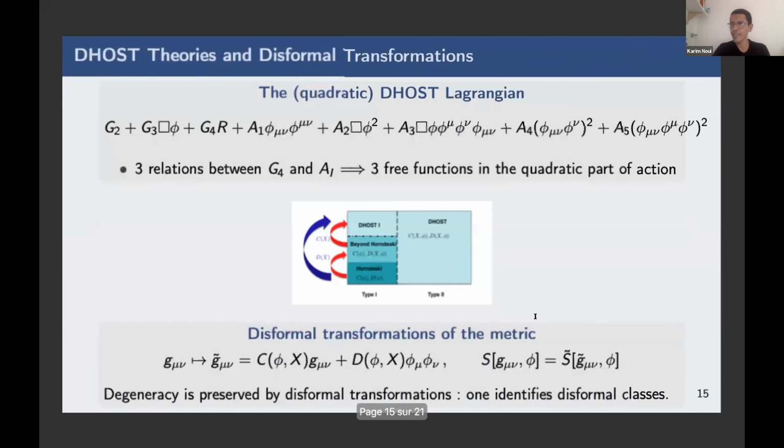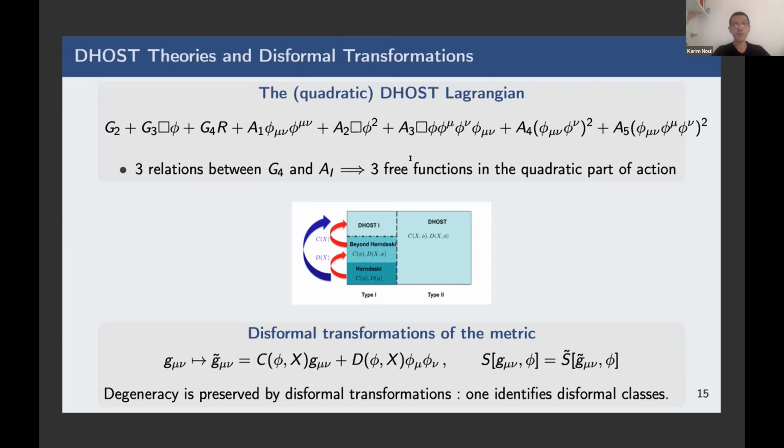In fact, what we did in the case of scalar tensor theories is that we reproduced this analysis, the previous one, but in the much more complicated case where you have a metric and a scalar with higher order derivatives in the action.